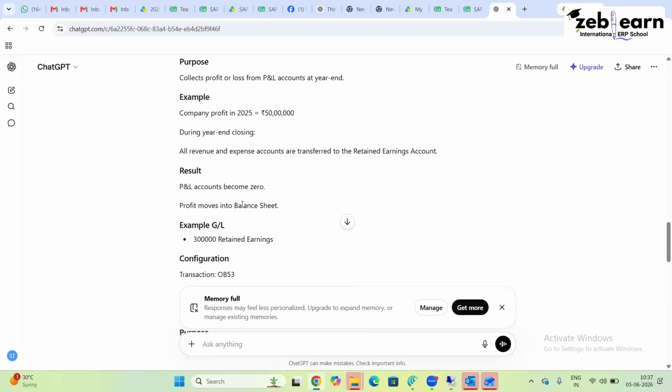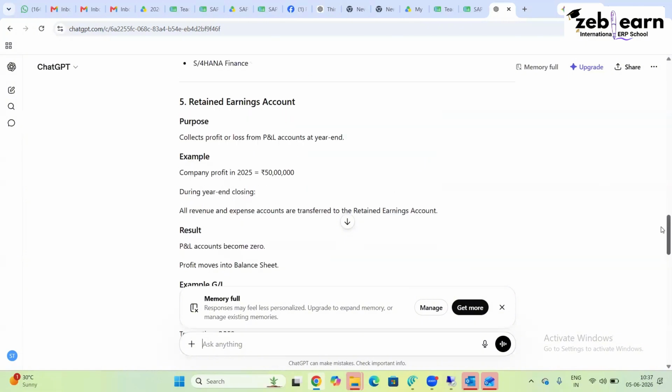Profit, whatever it is, moves into the balance sheet. This happens at the year end. Clear? Retained earnings account, very simple concept. Whatever is remaining at the year end, it goes to the retained earnings account. Very simple. Clear, everyone?